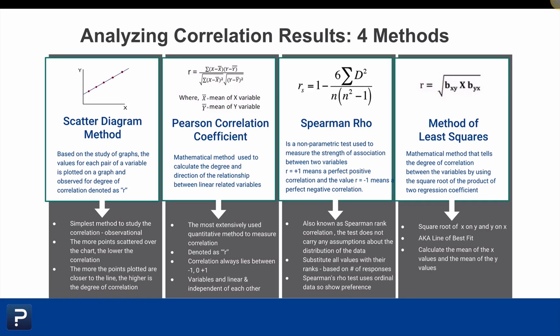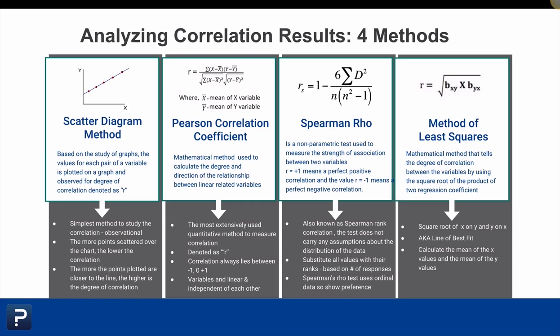And the last one, which I think is used here and there, is the method of least squares. That's a mathematical method that tells the degree of correlation between the variables by using the square root of the product of the two regression coefficients. So basically, they will get the sum of the y's and the x's and then do a square root of it.